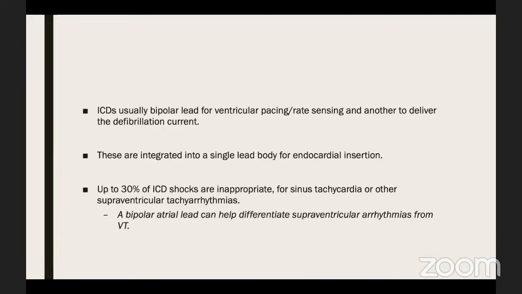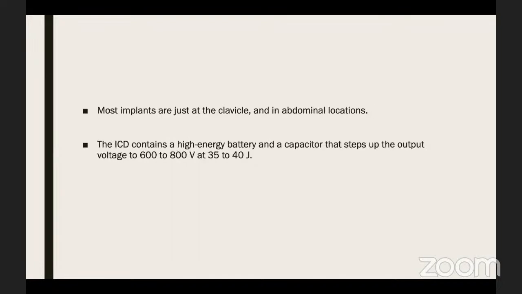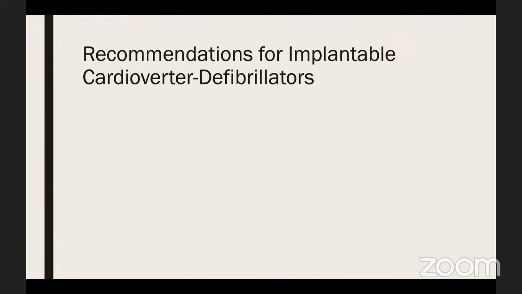A bipolar atrial lead can help to differentiate supraventricular arrhythmia from VT. Most implants are just below the clavicle, or in an abdominal location. The ICD contains a high energy battery and capacitor that step up the output voltage to 600 to 800 volts at 35 to 40 joules.